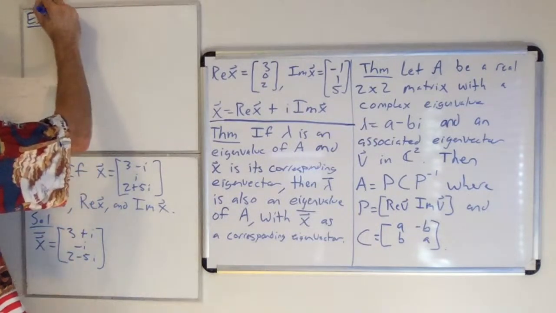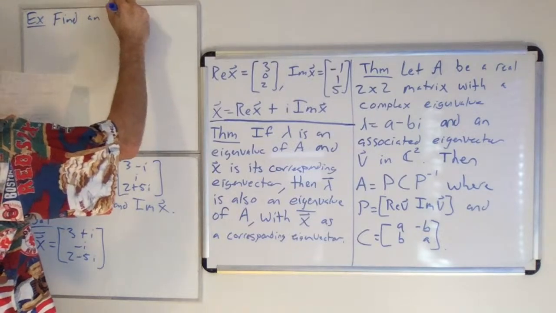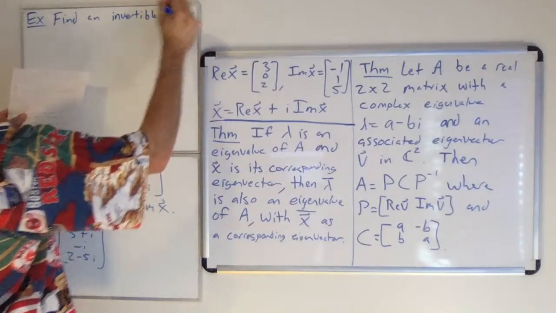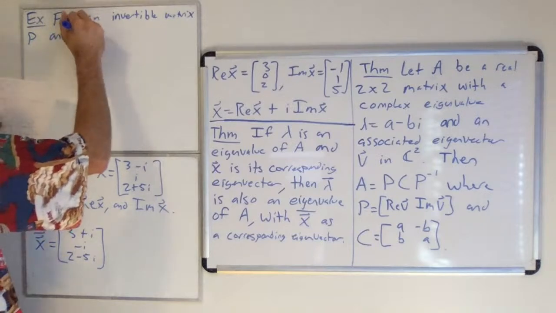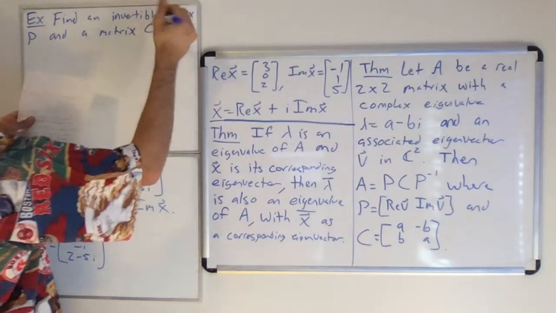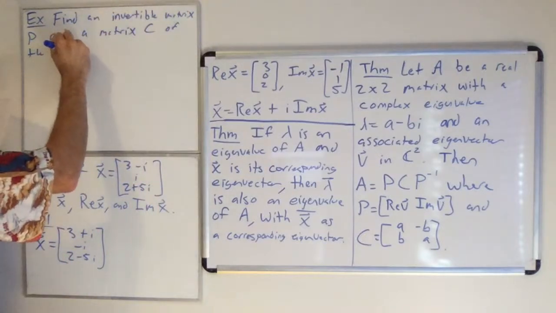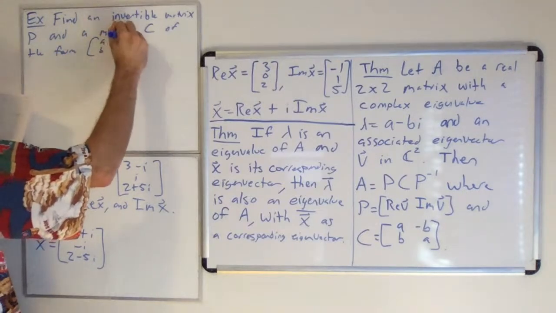Okay, so the example says find an invertible matrix P and a matrix C of the form a, b, minus b, a.